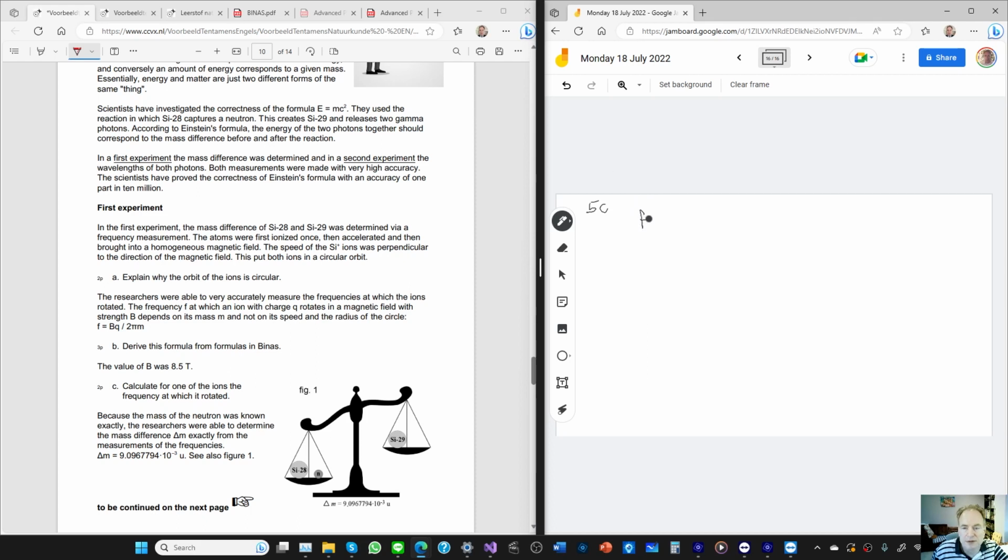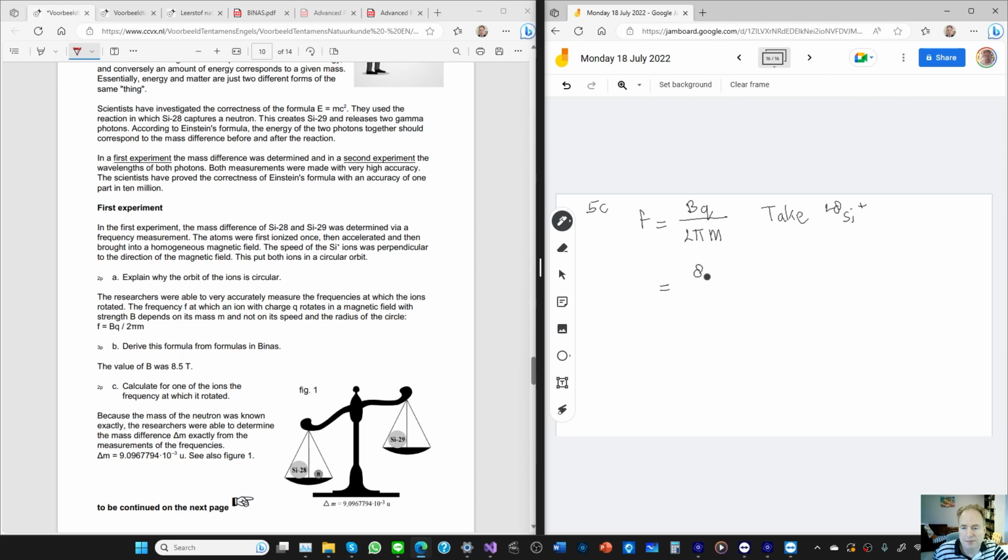So the frequency equals Bq divided by 2 pi m. And we can just take silicon-28, so a mass number of 28. It's an ion, but the mass of the electron is insignificant.